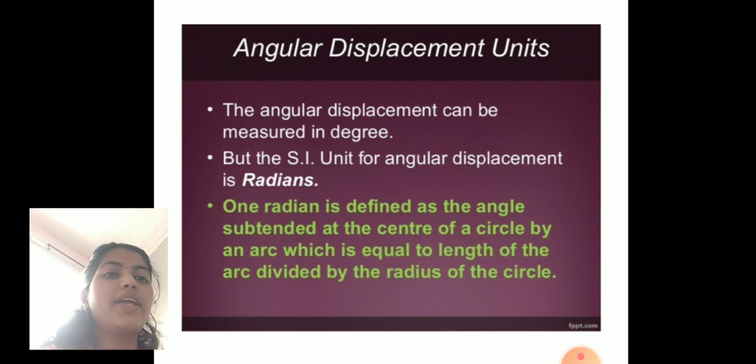Then 1 radian is defined as the angle subtended at the center of a circle by an arc which is equal in length to the radius of the circle.